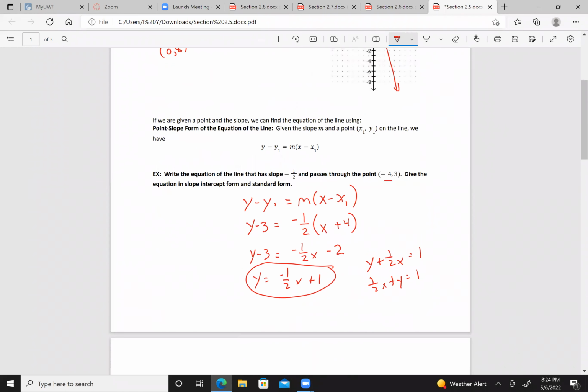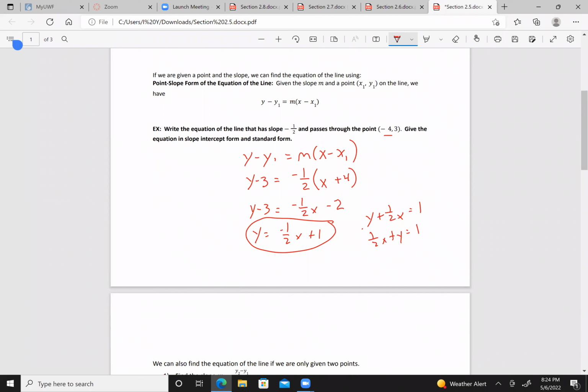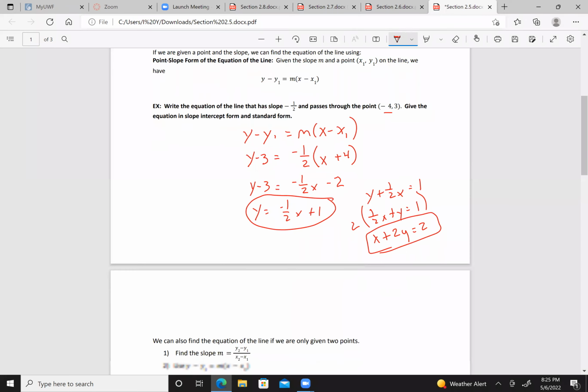And it says to have integer values, so I'll multiply the whole thing by 2 and get x plus 2y equals 2. And that is my standard form.